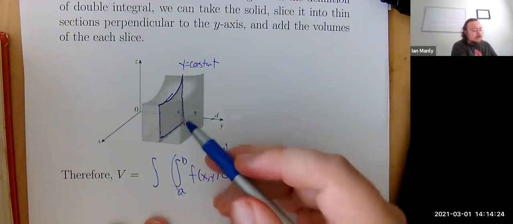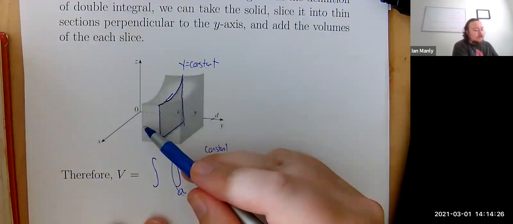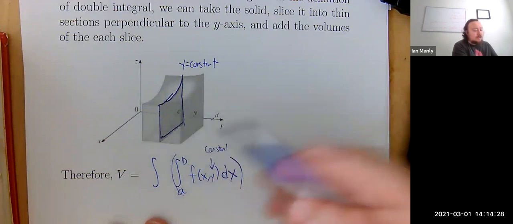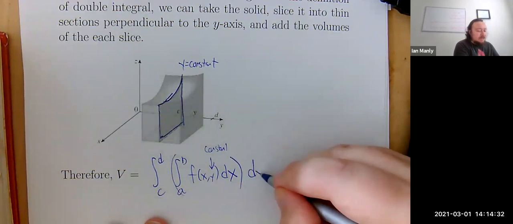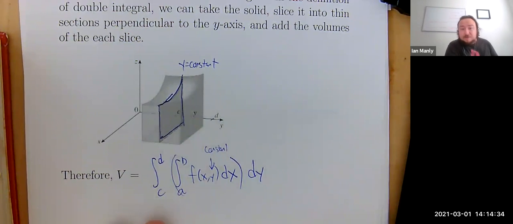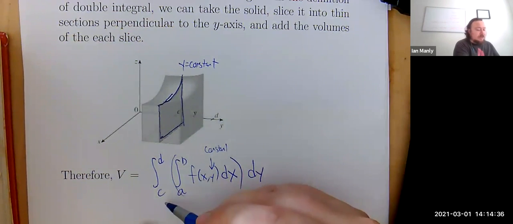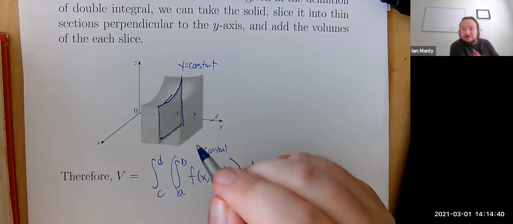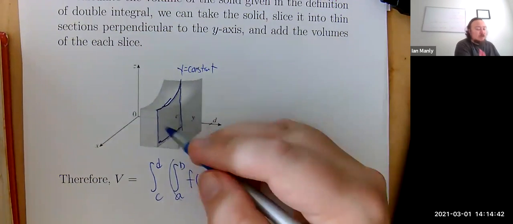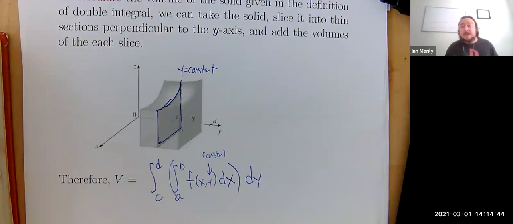Then afterwards, we're going to integrate all of these volumes together from c to d, and we're going to do that with respect to y. So effectively what the second integral is doing is adding together all of these little slices of cheese, as Marissa's saying. We're adding all of those together, and that's going to give us our total volume.